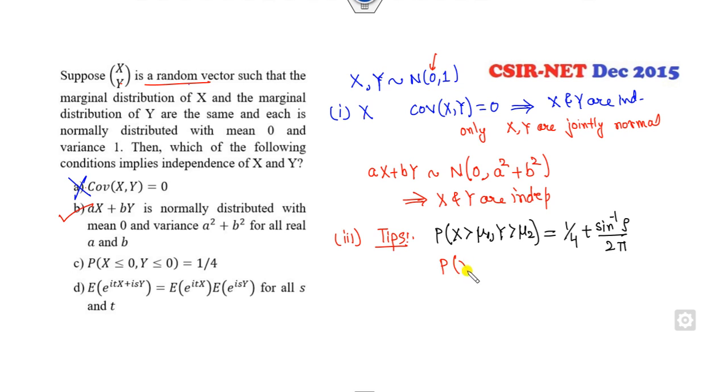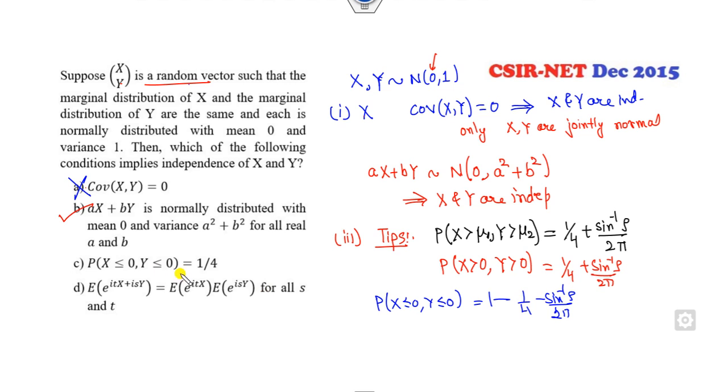So the probability of x greater than 0, y greater than 0 is sine inverse rho divided by 2 pi. Now we need a less than sign. So what is the value of this? It is 1 minus this. Fine. But clearly this is not equal to 1 over 4. So this option is also not true.